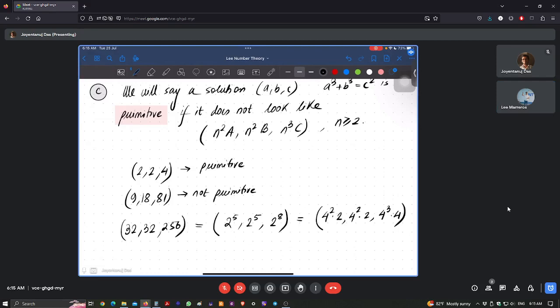So this is also not primitive, because here n equals 4.